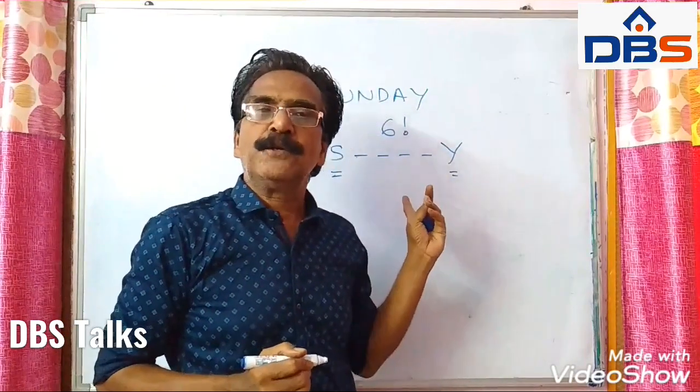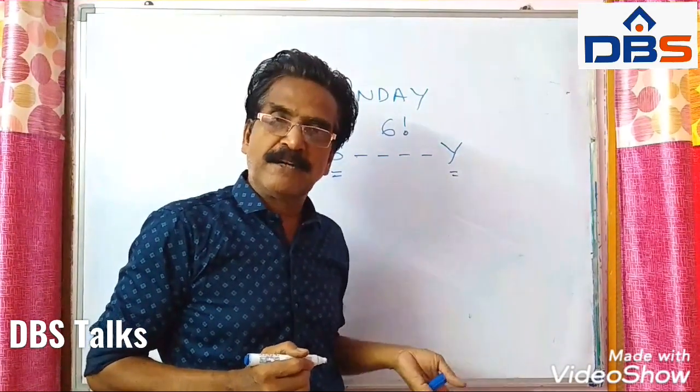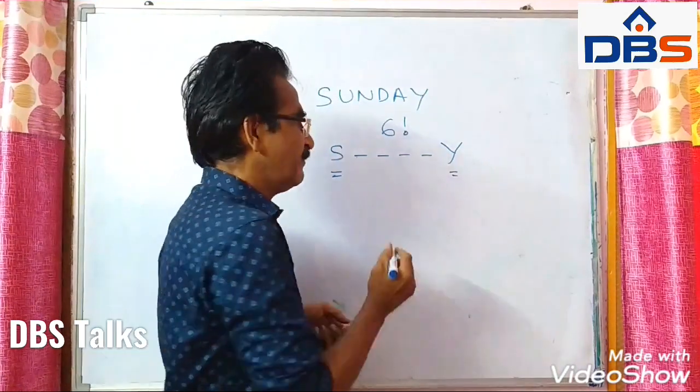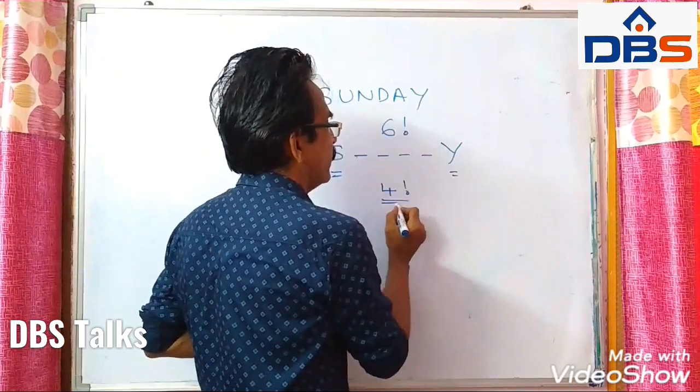These 4 gaps can be filled in 4 factorial ways, 4 different letters. So this is the second one with a small condition.